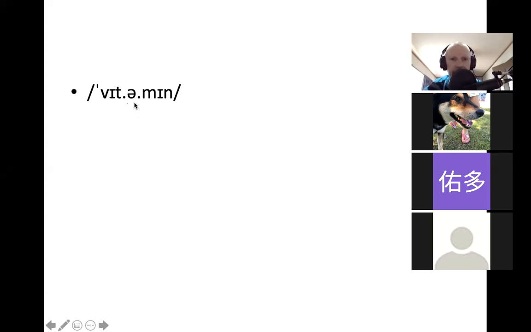This is something that shows that the phonology of British English and American English has this sound. Stress is here. Vit, min, vitamin. Okay, that's all there is to it. Vitamin.